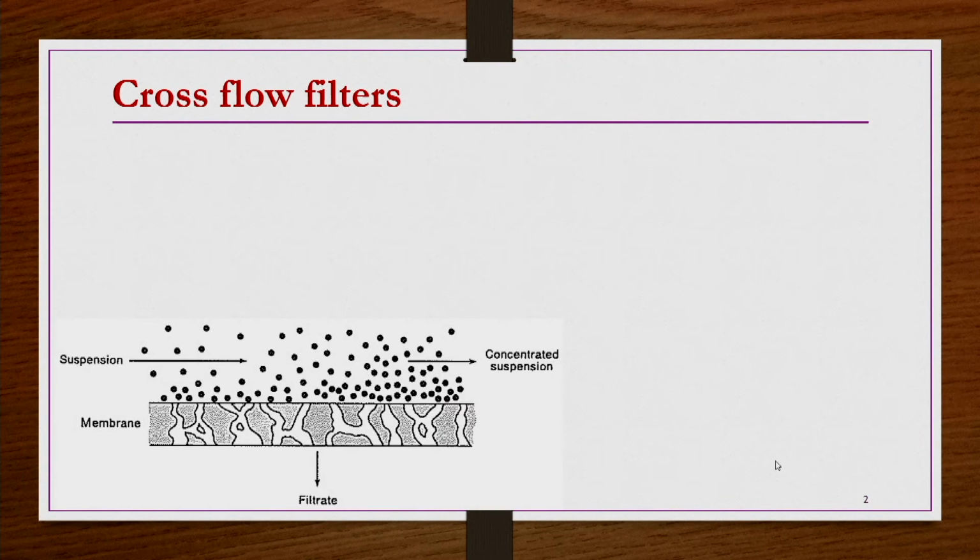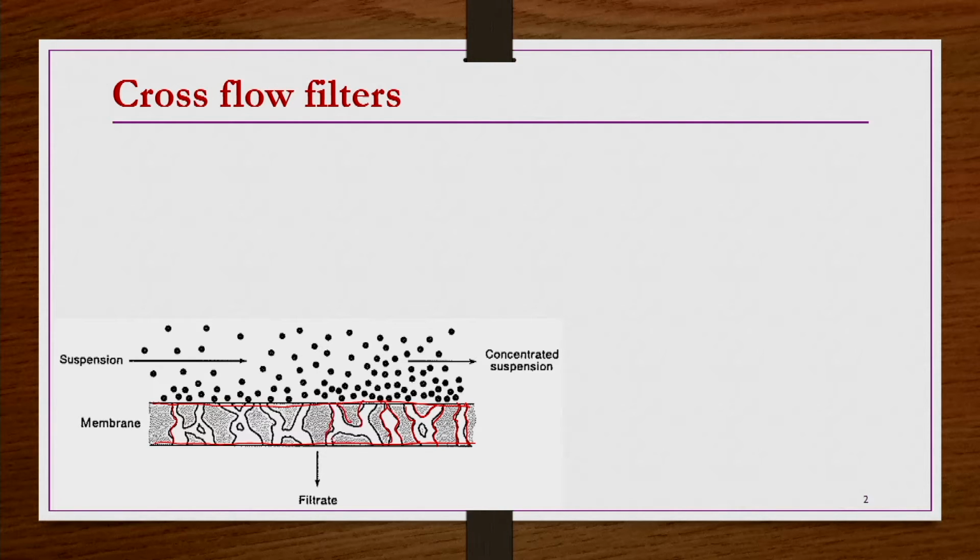So, what are cross flow filters? As we have already seen in the basics of filtration, in cross flow filtration we have a membrane as the filter medium. This membrane may have a porous structure, almost channel-like, or a connecting porous structure, something like this as shown here.